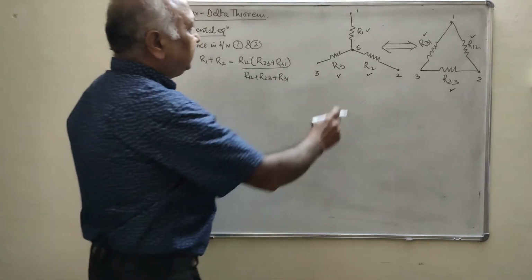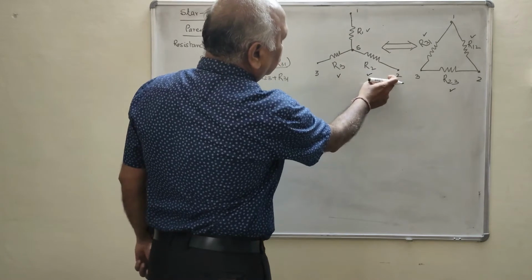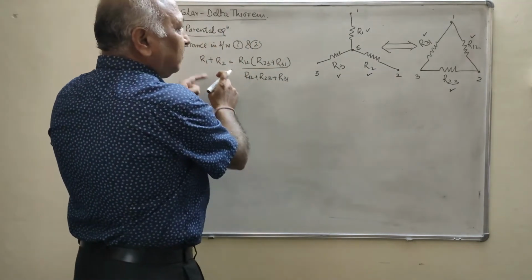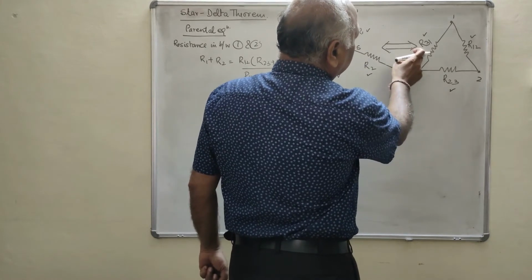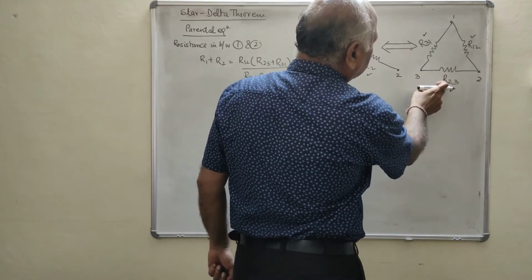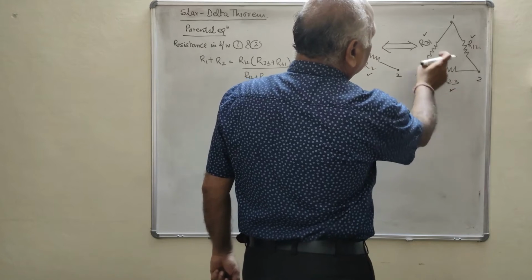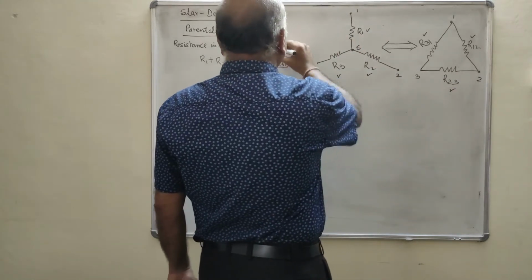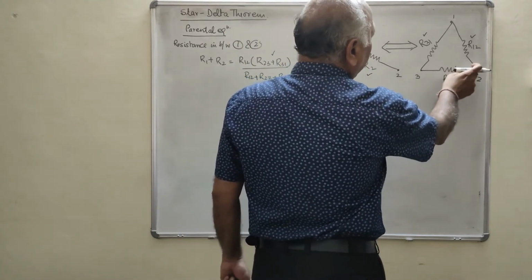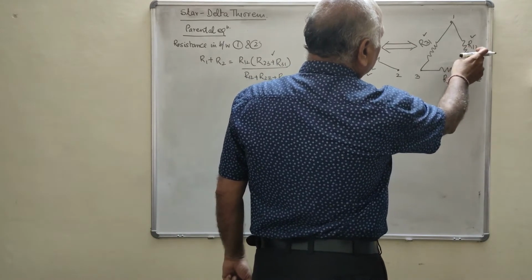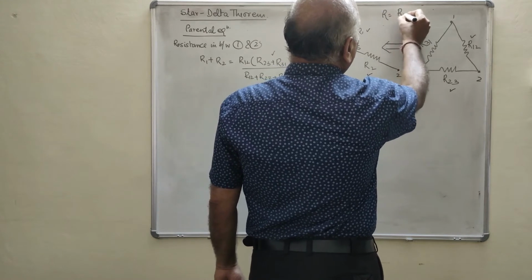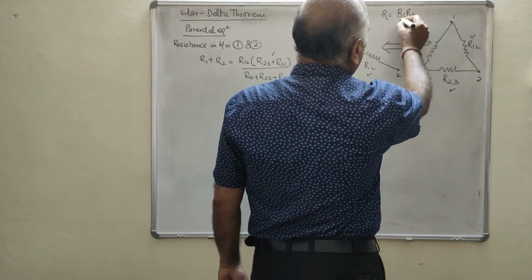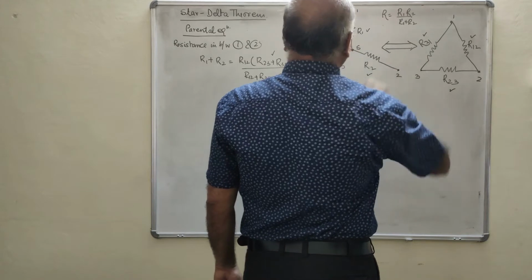You will see the resistance between 1 and 2 is R1 plus R2, and in the delta R23 and R31 are connected in series. The combined resistance of this series is R23 plus R31, and it is parallel with R12, and you know that the parallel connection R is equal to R1 R2 upon R1 plus R2.